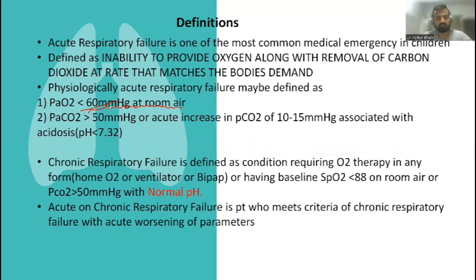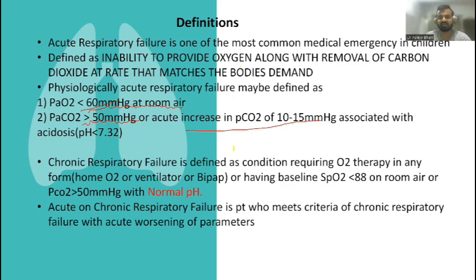Or PaCO2 more than 50 millimeter of mercury, or an acute increase in PCO2 of more than 10 to 15 millimeter of mercury associated with acidosis. If this criteria is fulfilled, we call it respiratory failure.